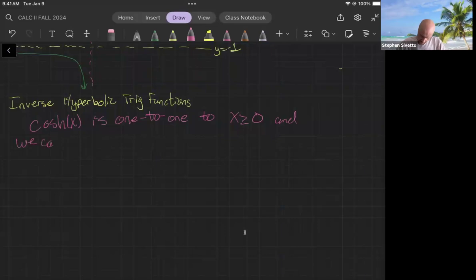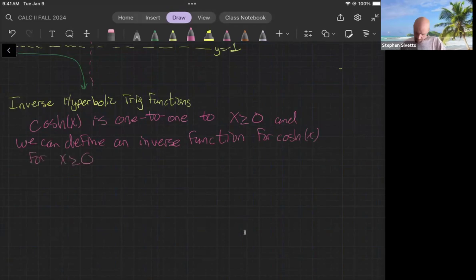And so we can define an inverse function for hyperbolic cosine for every x value that's bigger than or equal to 0, right?